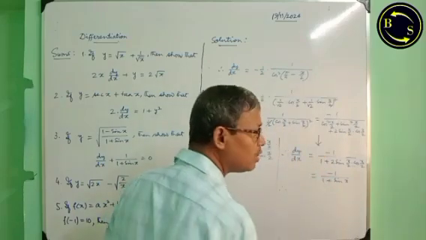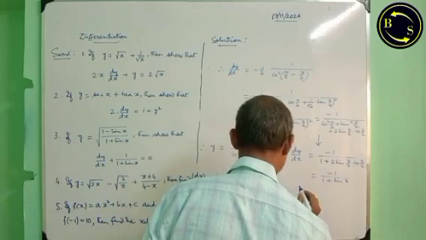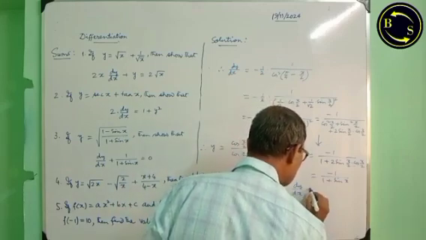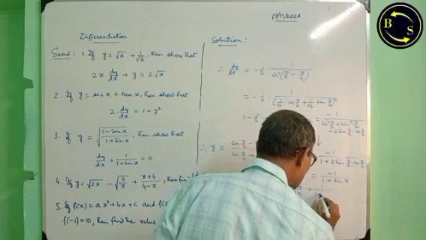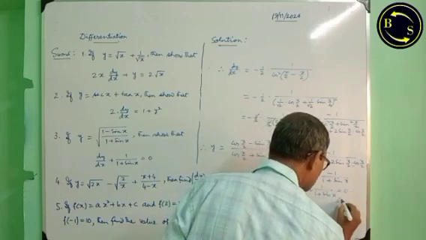Therefore, taking on the left side we get dy dx plus 1 by 1 plus sin x is equal to 0.